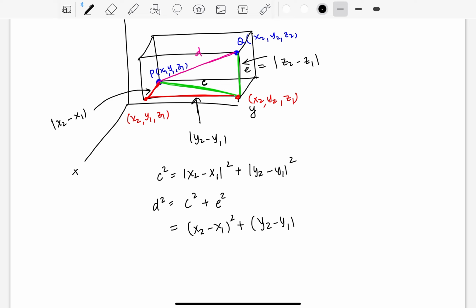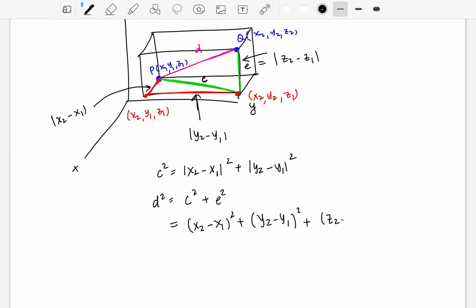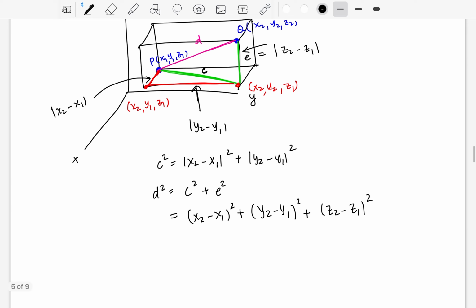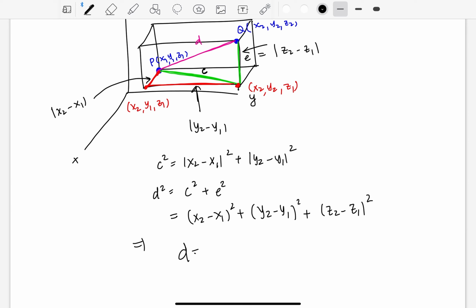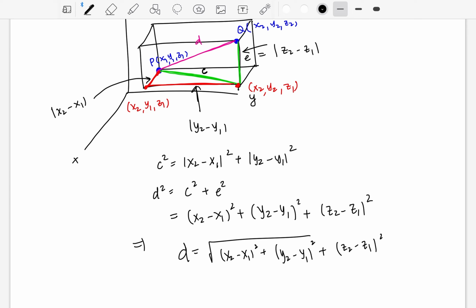I'm getting rid of the absolute values because I'm squaring the quantities. But E is equal to the change in Z, so plus Z2 minus Z1 squared. Final answer, D is just equal to what we thought it would be, if we had to guess, which is the square root of x2 minus x1 squared plus y2 minus y1 squared plus z2 minus z1 squared.